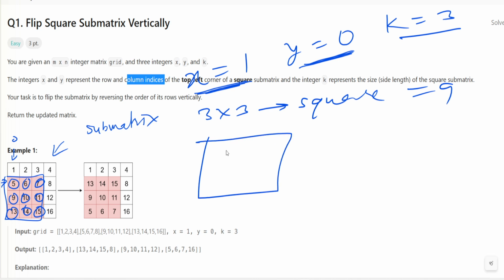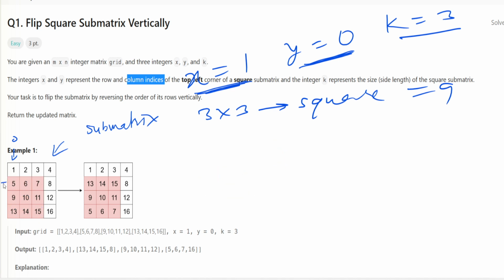So it represents 3 rows and 3 columns. Just for understanding, I said some numbers earlier that are not correct, the values are different here, as you can see. The values we have are 5, 6, 7, 9, 10, 11, 13, 14 and 15.